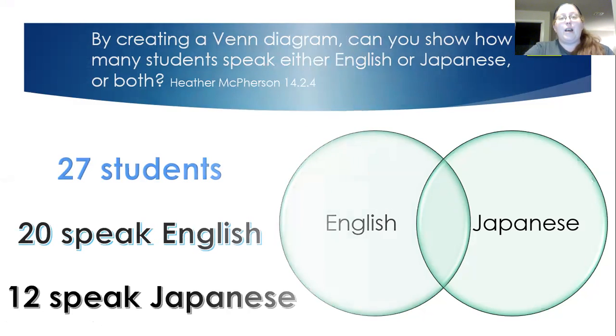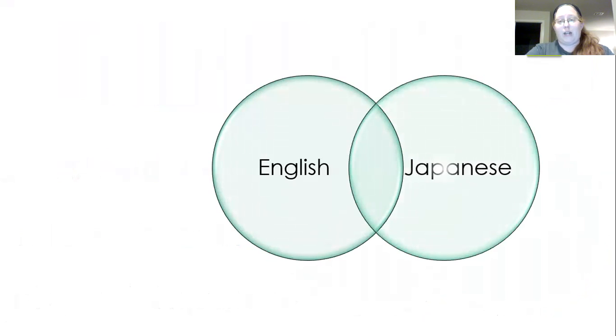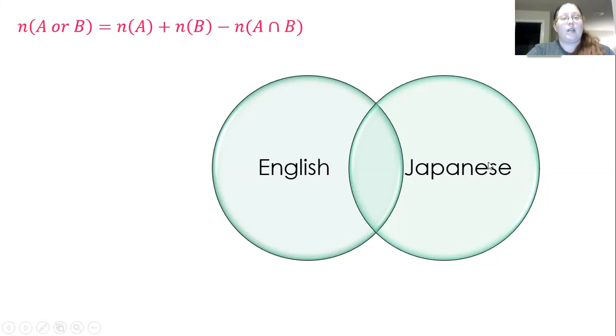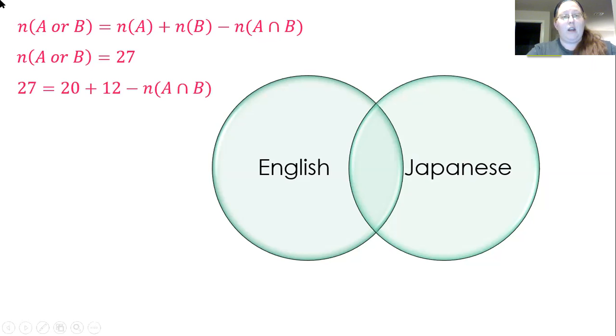Good question. What we're going to do is create our Venn diagram again, but we're going to use the equation n(A or B) equals n(A) plus n(B) minus n(A and B). So n(A or B) equals 27 because there's 27 students in the class. We know that n(A) is 20, the students that speak English, and n(B) is 12, the students that speak Japanese.